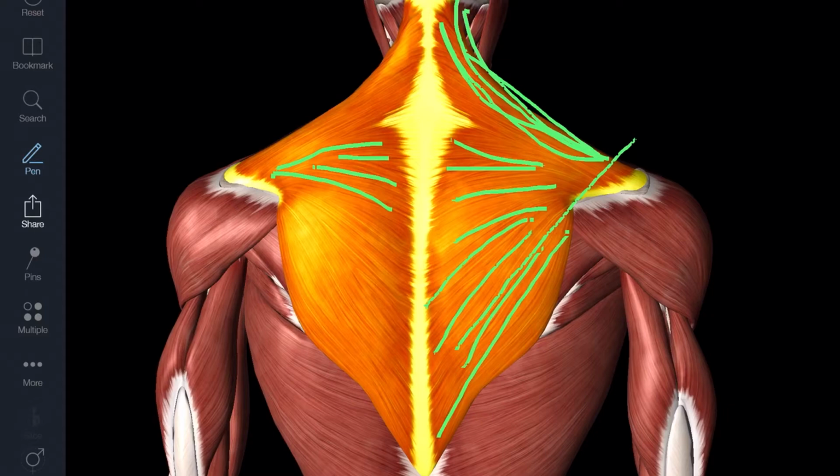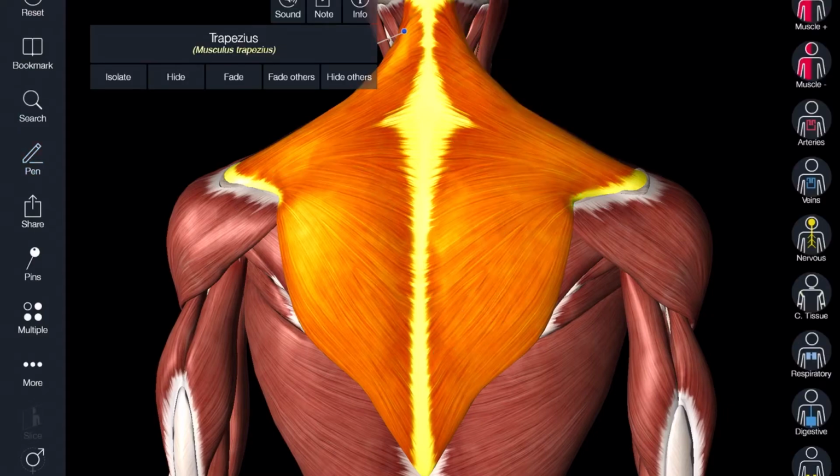All right, so let's take a look at actions of trapezius. I'll just take a look at the ones in the book here, and then when we are looking at a real moving body, hopefully it will make total sense. So for trapezius, actions include elevation of the scapula, retraction of the scapula, and upward rotation of the scapula.